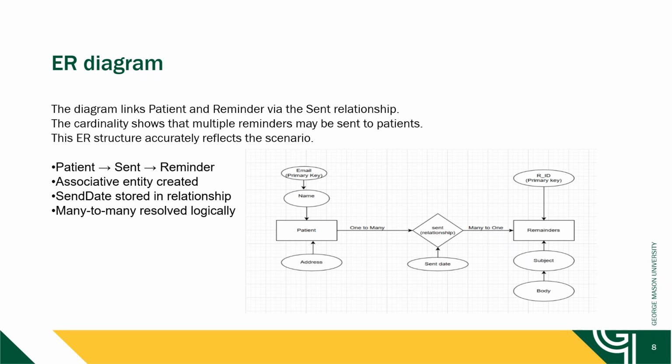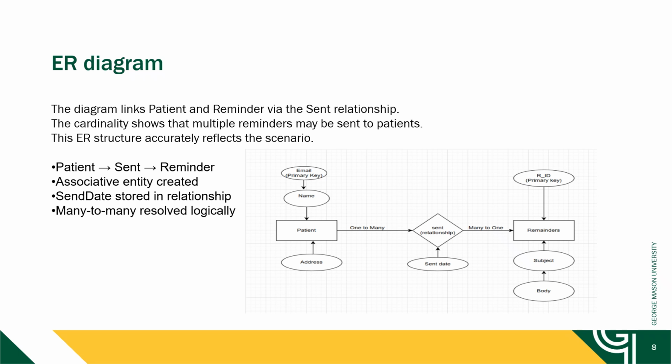Here you can see that patient is uniquely identified by the email and includes the name and the address. The reminder entity includes the reminder ID, subject, and the body as I mentioned before. And the sent relationship tracks each reminder sent to a patient with the sent date. And here the cardinality is one patient, many sent records, and many reminders.